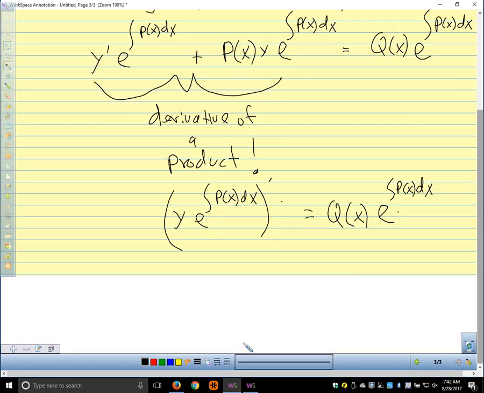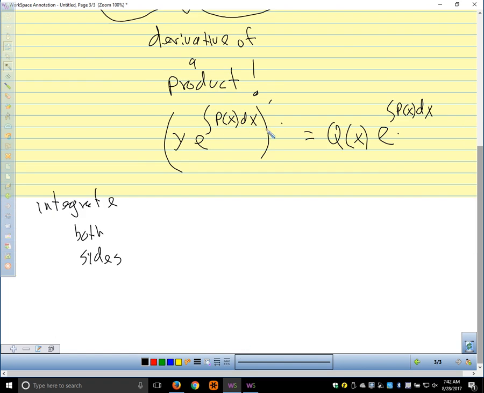Well, how do we solve a differential equation where we have a derivative on one side and just some function of x on the other side? Don't we just integrate both sides? Just like we had dy equals x squared dx. When we integrate this derivative, we just get the thing back.